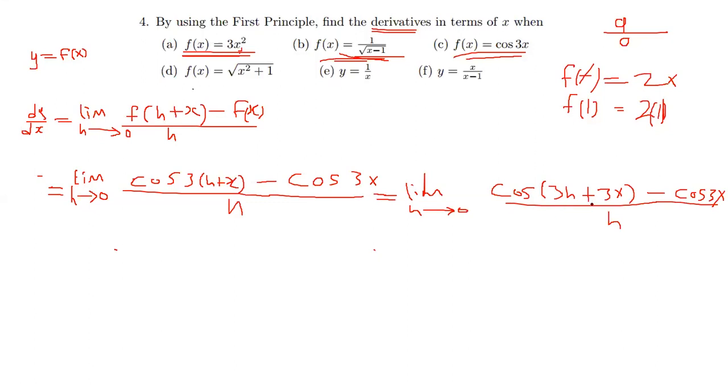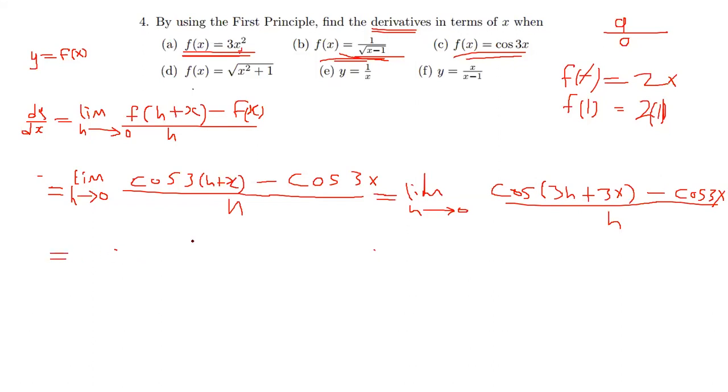So again, what you do here, you can see that this cos of 3h plus 3x, we can use the compound angle formula to simplify. We learned that in trigonometry, so it's easier for us to use it now. We're just applying it.